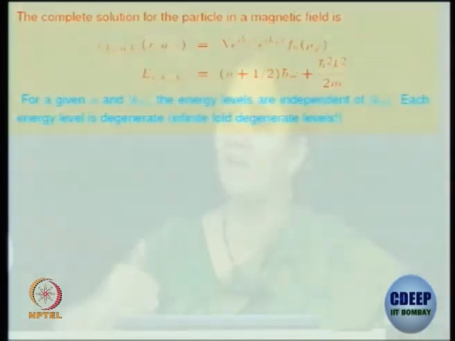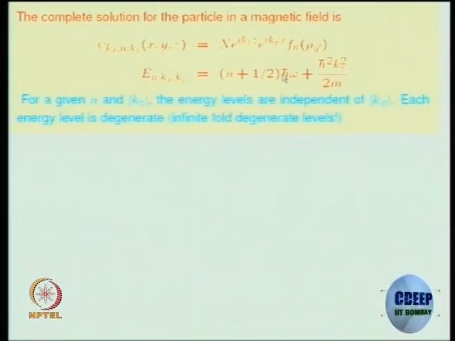The harmonic oscillator gets shifted by coordinate y to y prime, where y prime is dependent on kx, but the energy does not get contribution because there are only two equations, the E1 and the E minus E1. E1 was n plus half h cross omega, E minus E1 was h cross squared kz squared over 2m. There is no kx. So, what does this tell you? There is a degeneracy.